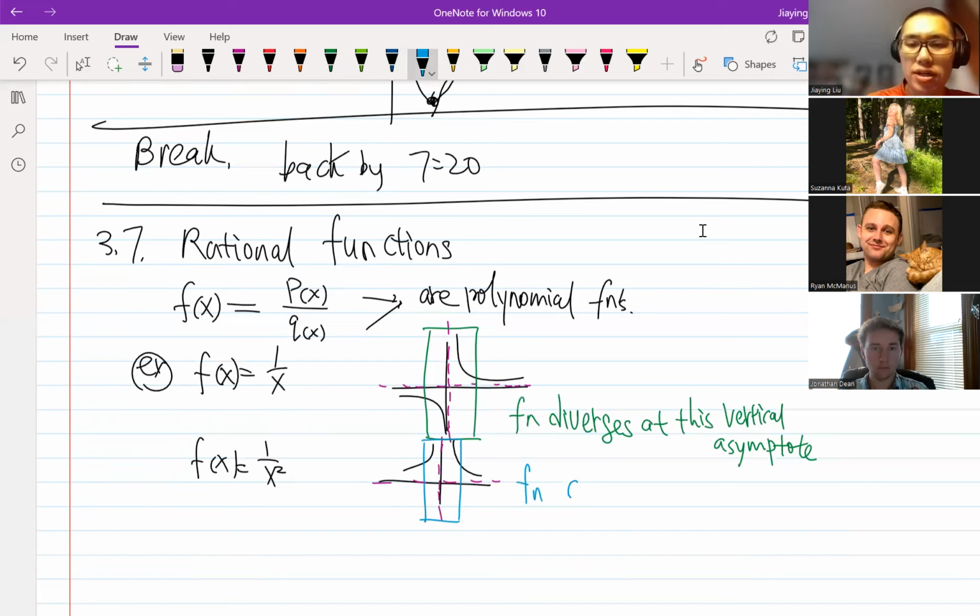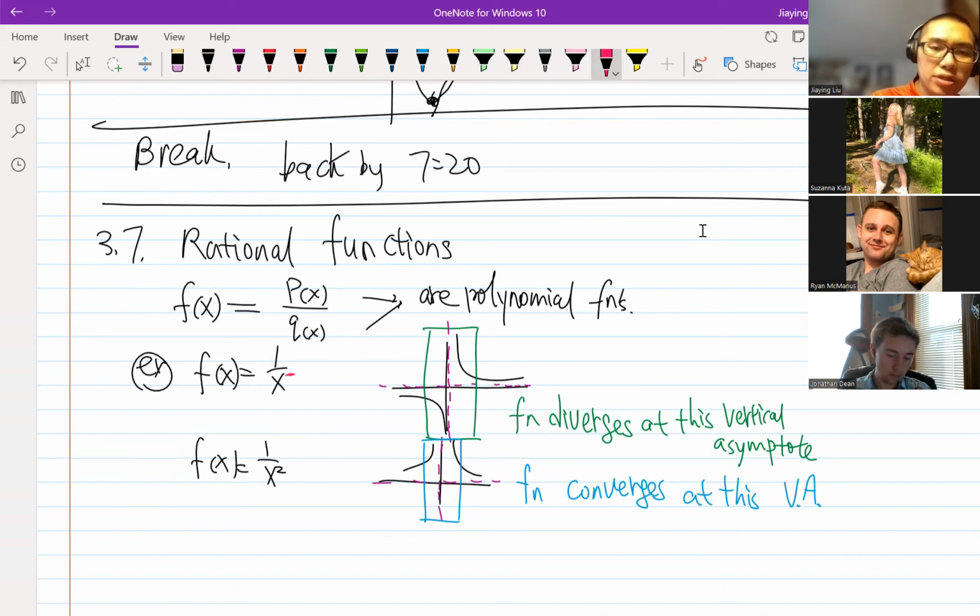So f of x converges at this vertical asymptote. Now, it's not just random. The reason they converge has to do with the power near this vertical asymptote. The power is the power of the factor in the denominator.